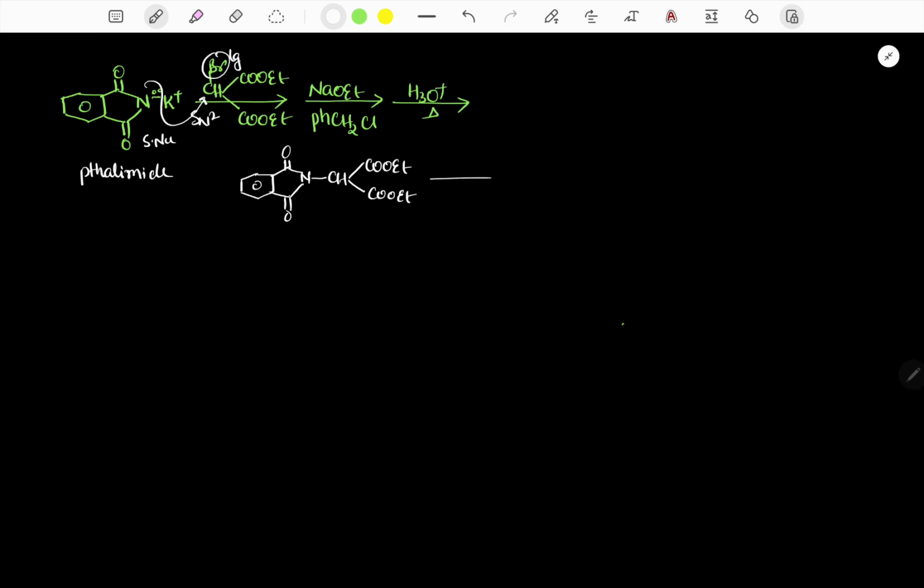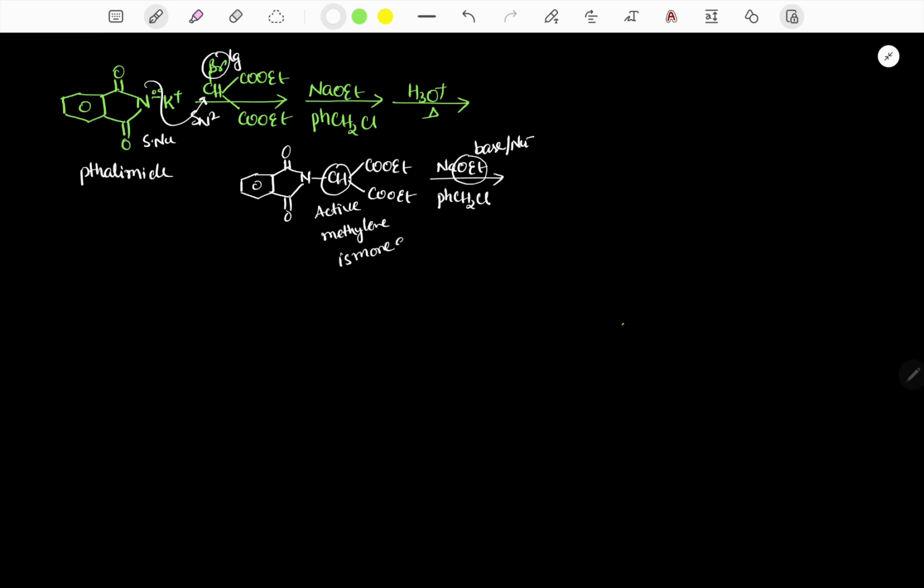Now it is treated with NaOEt and benzyl chloride, PhCH2Cl. NaOEt, OEt minus is a base as well as a nucleophile, and we know that it is an active methylene, and active methylene is more acidic than water.